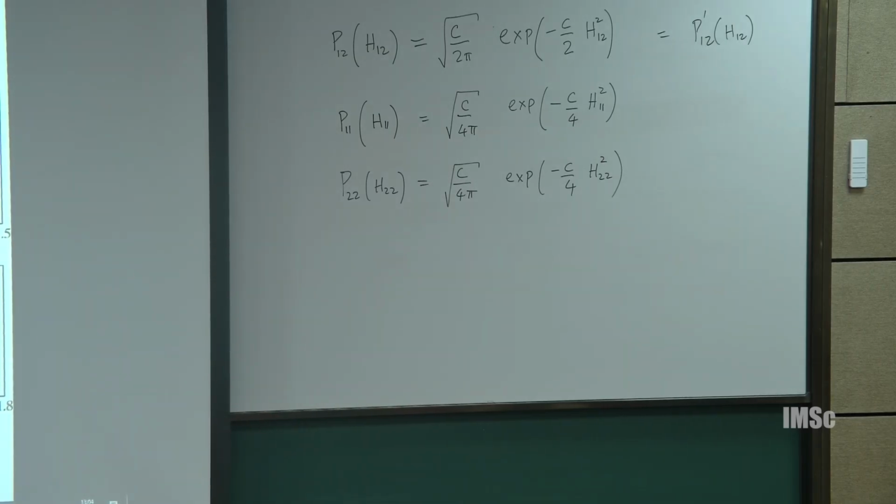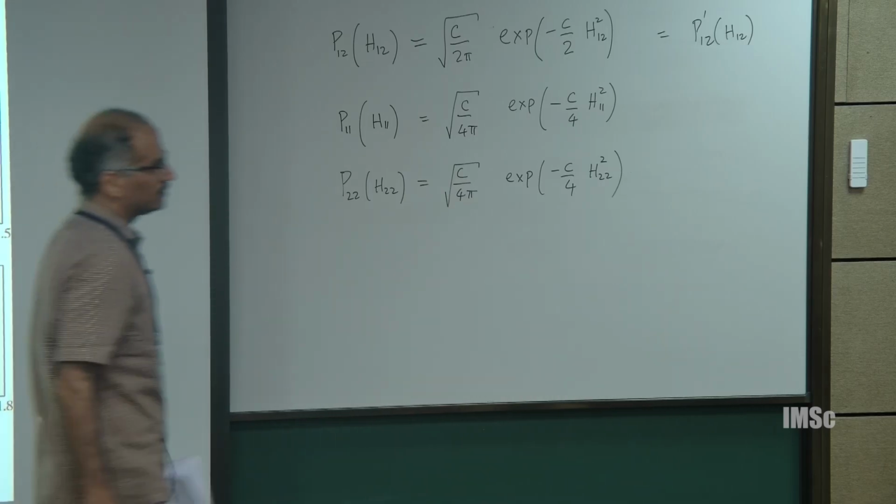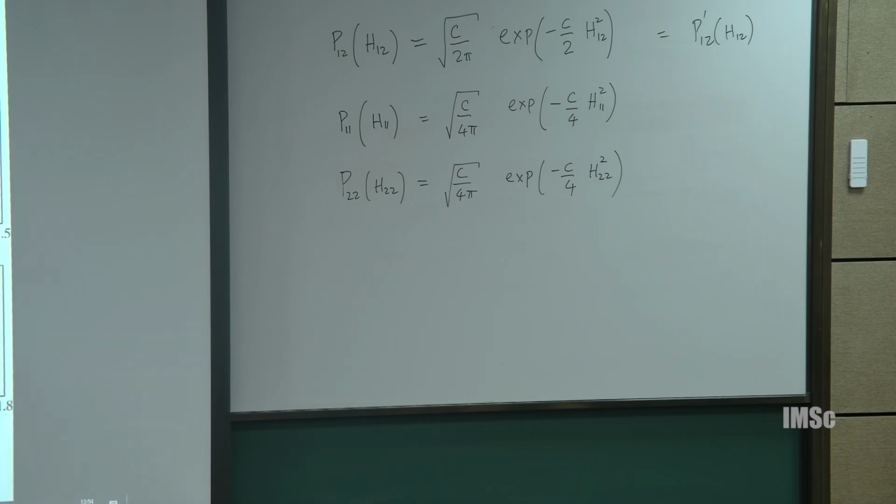We have demanded that P of H be invariant. Yes, that's right. So you cannot directly write P12 of H12 equal to P12 of H12 prime, but here we have already assumed that they are product functions. You won't get a probability distribution which depends on two variables.